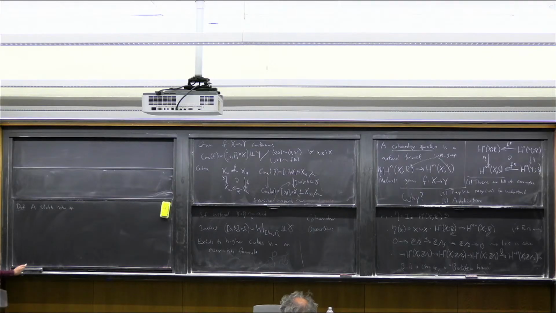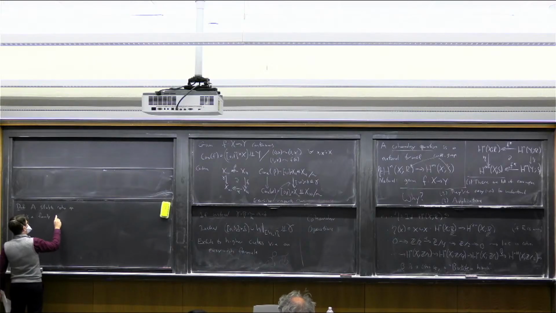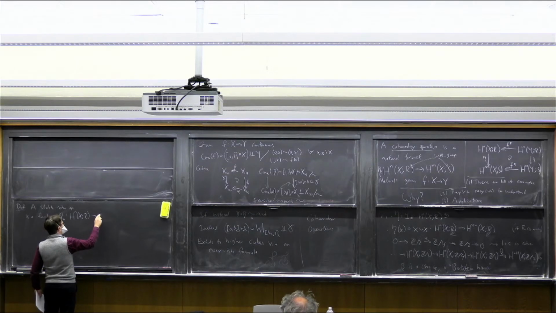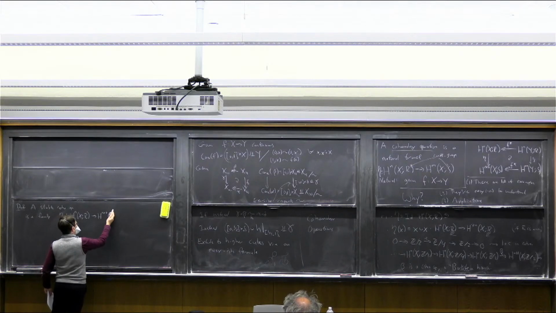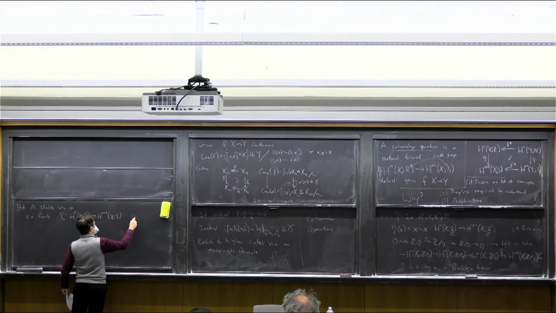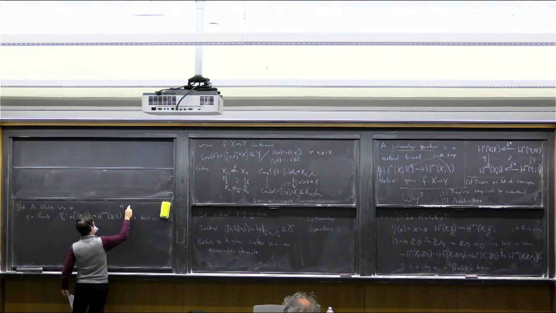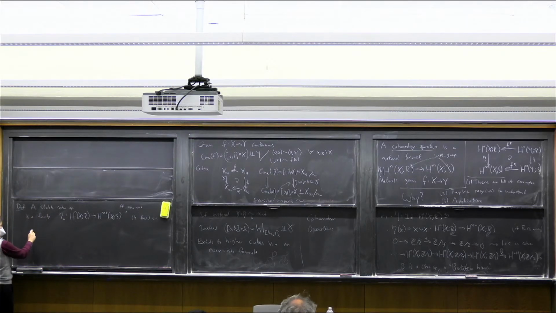So it is a family eta_n from H^n of X, R to H^(n+k) of X, S, with k fixed, a family of cohomology operations such that this commutes with suspension in the obvious sense.